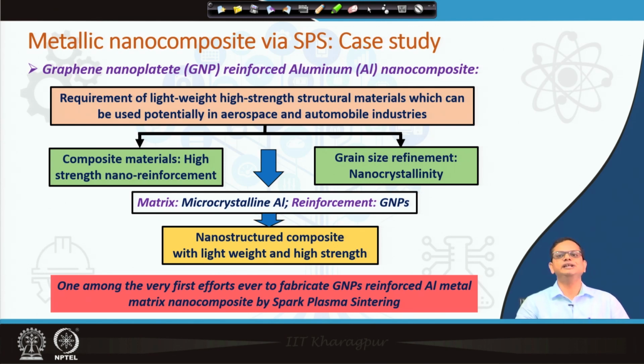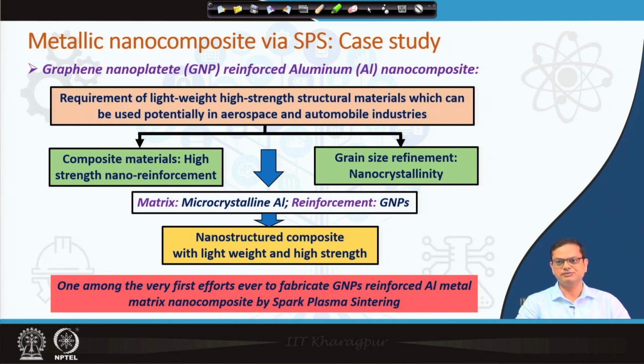Because of higher number density, the mean free path between the particles will be less. When the mean free path between the particles is less, that gives better composite strengthening. The load transfer efficiency improves.